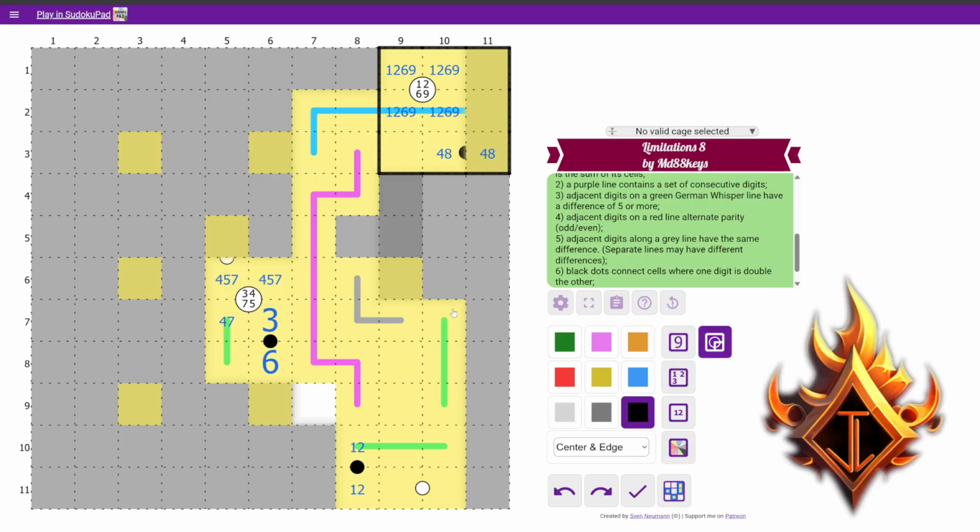So this, now it could be separated here, but this is a top, this is a bottom. So this must be a 3x3.